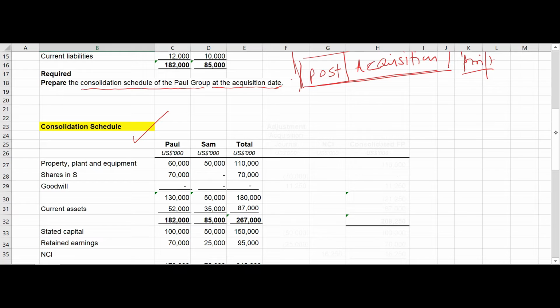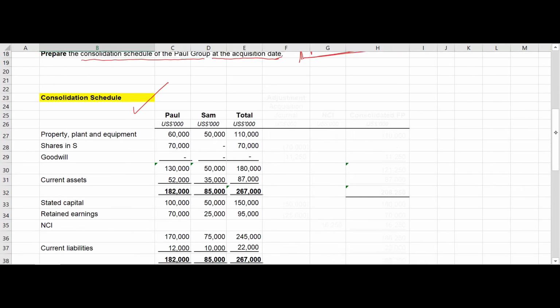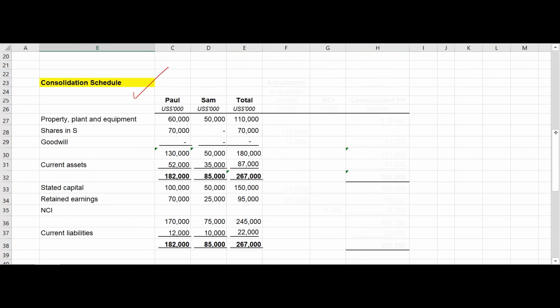Now I have taken the Paul and Sam company financial positions, and I have already taken the combined financial position. It's a line by line addition. Let's take the first item in the financial position, which is property, plant and equipment.